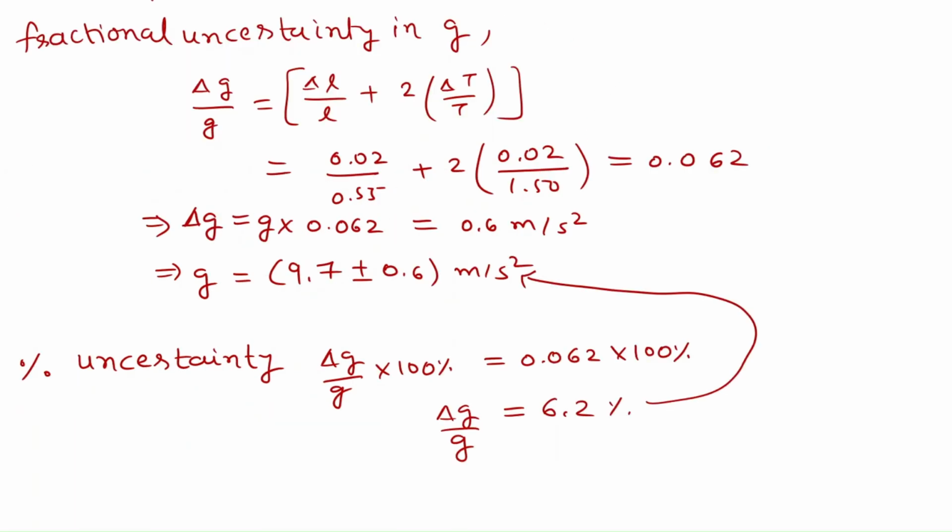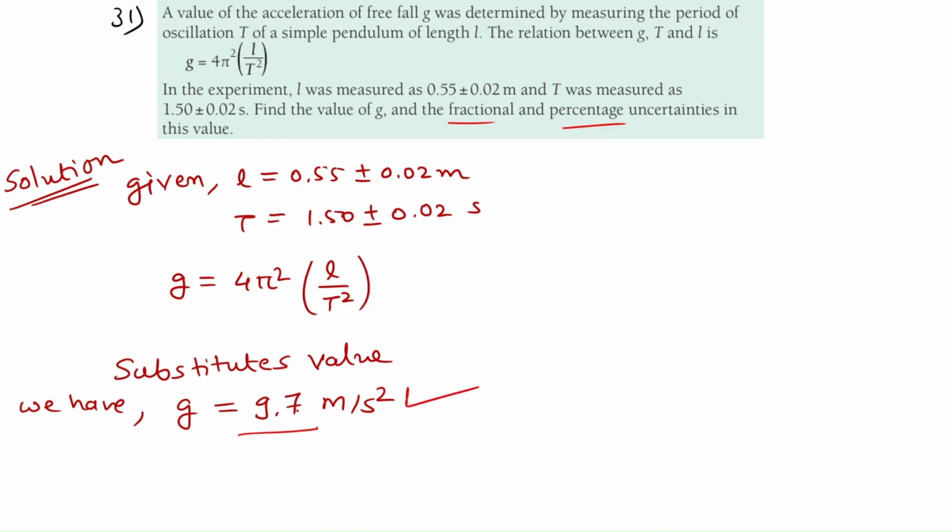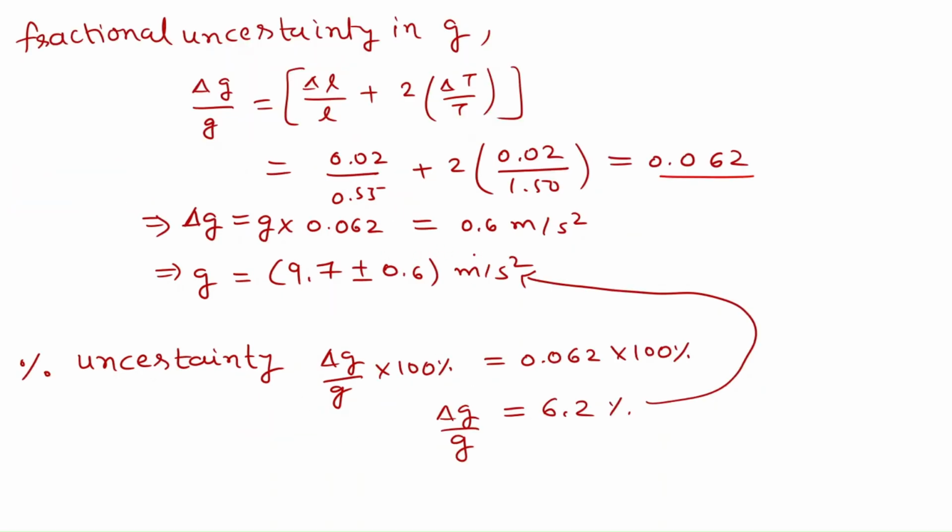The fractional uncertainty is delta g upon g equals delta L upon L, times 2 for T, because we have T squared here. Put this value here and you get the answer 0.062. Now multiply by the g value, which we already got as 9.7, and you get 0.6 meters per second squared, because it is acceleration.